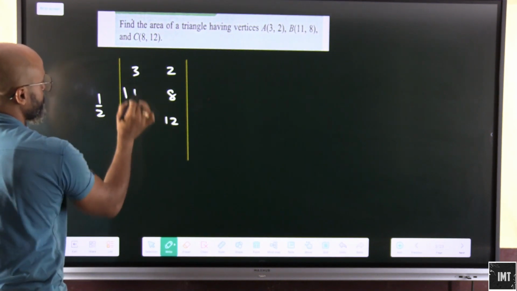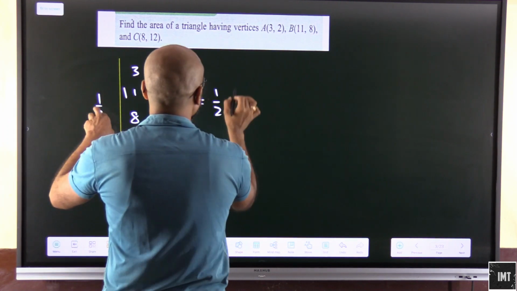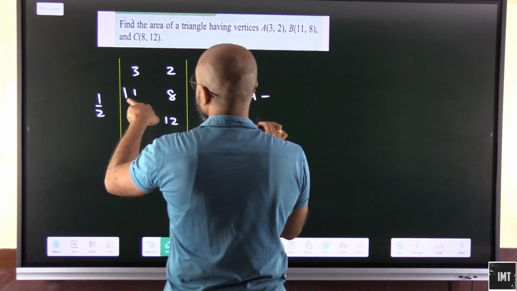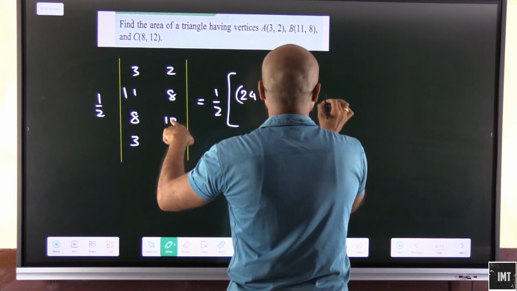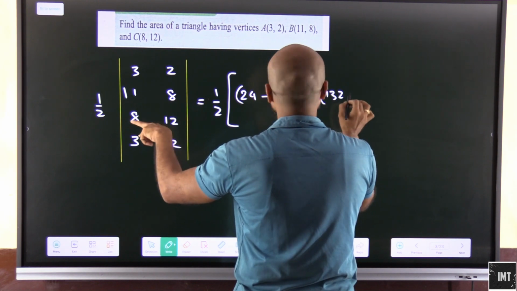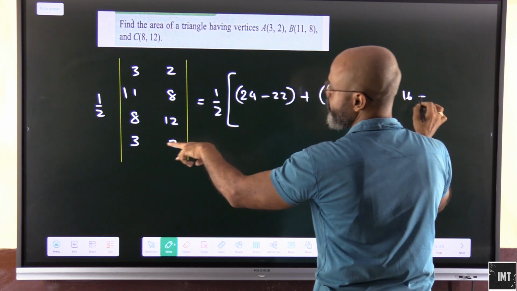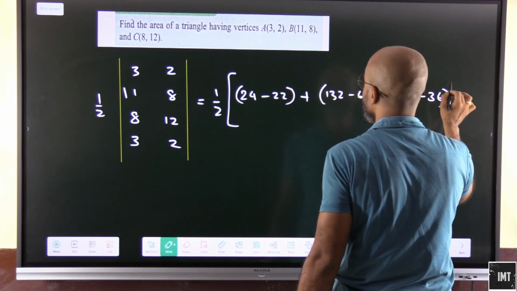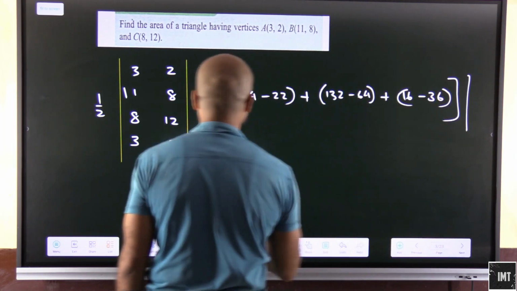Substituting, this will be half of 3 times 8, which is 24, minus 22 plus 132 minus 64 plus 16 minus 36. Again, the entire thing is taken as a mod value, because area has to be positive.